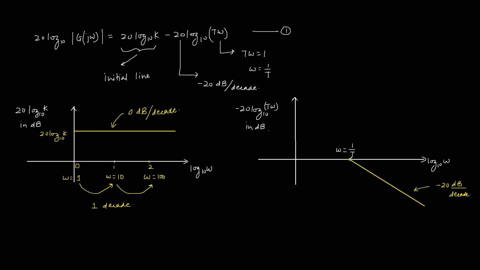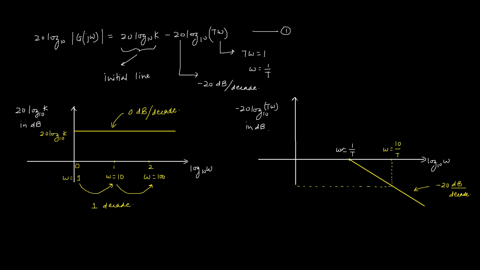It means if frequency is increased by 1 decade or frequency becomes 10 times, then the magnitude is reduced by 20 dB.